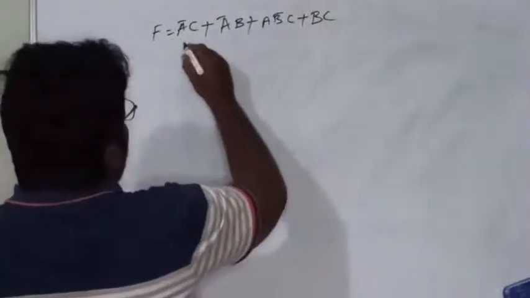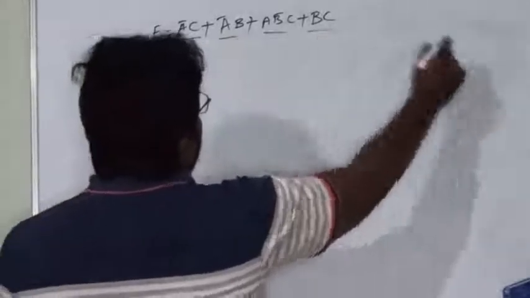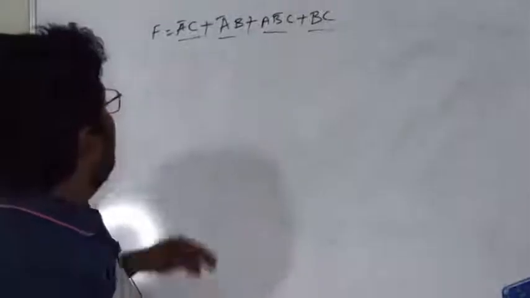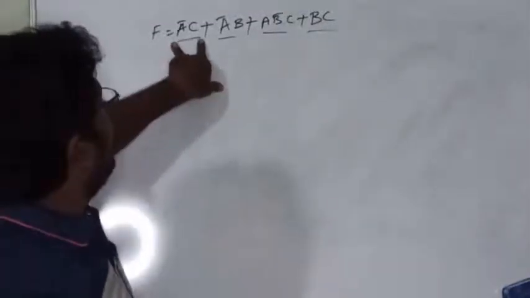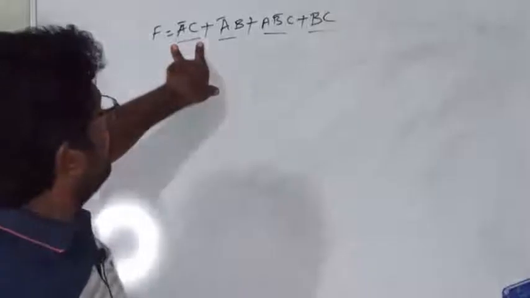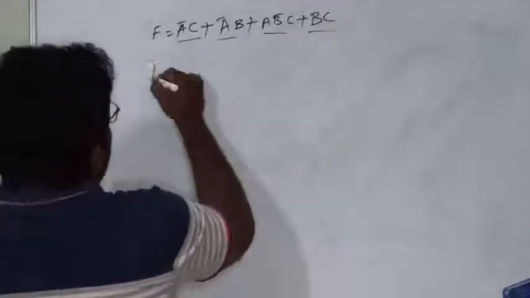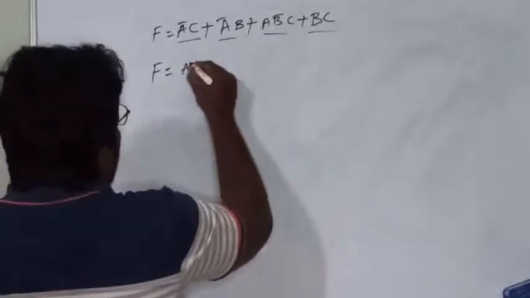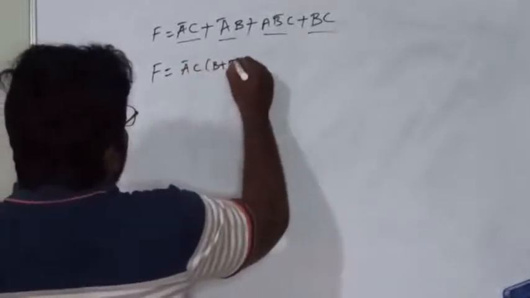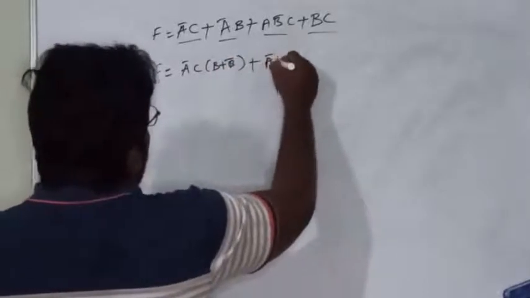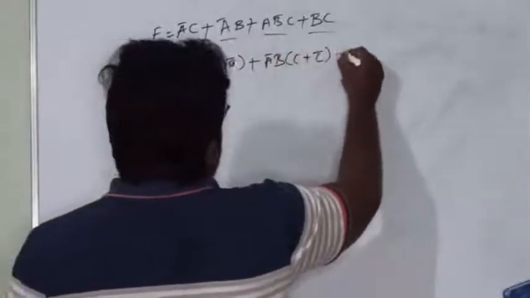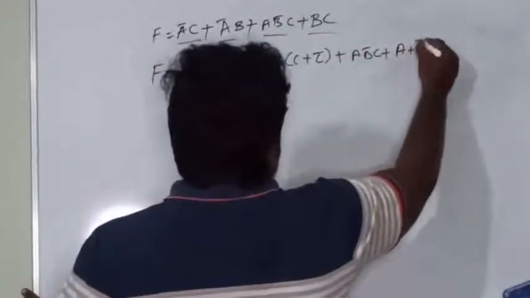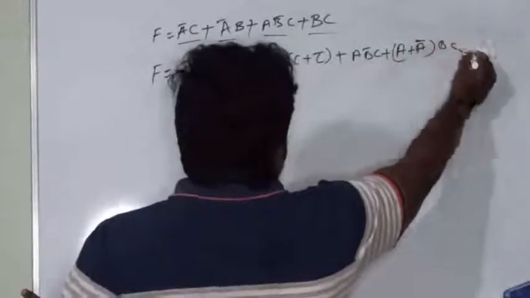So if you observe here, we have three variables, but in some product terms we have only two, right? So we need to use Boolean laws. So A complement C into B plus B complement, plus A complement B into C plus C complement, plus A B complement C, plus A complement into BC.